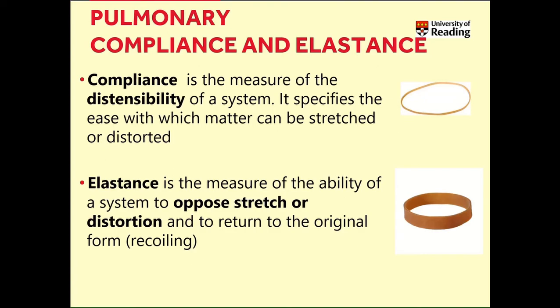Because understanding compliance and elastance is key to understanding lung mechanics, and because the compliance and the elastance of the lung determine how much the lungs can inflate or deflate, and by doing so, how the pleural pressure or the pressure within the lungs will change. And the problem is that compliance and elastance change during diseases.